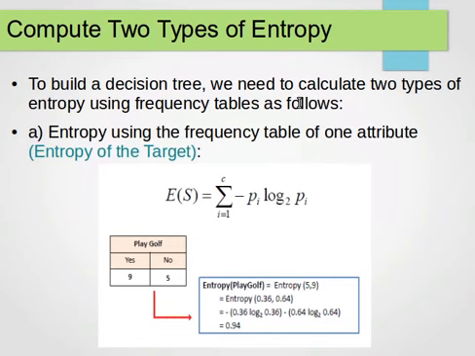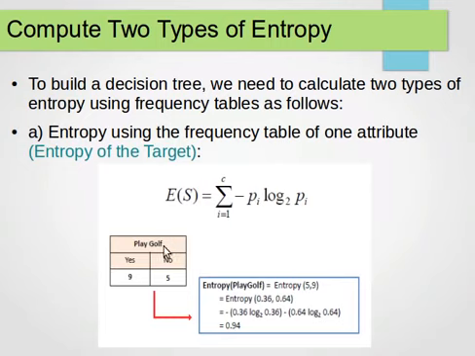Let's assume now we have our weather data. The first type of entropy we want to compute is the entropy of the target. So from the frequency table, the equation for entropy of the target is entropy of S, where S is our target: the summation of minus Pi log to base 2 Pi, with i from 1 to C. So these are our classes: P of every class times log to base 2 of the probability of the same class, and we sum over all the classes.